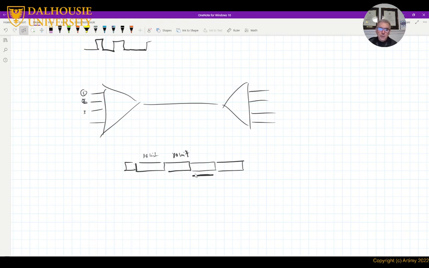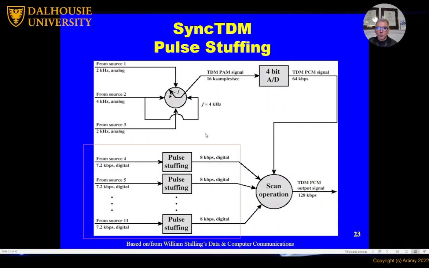In that case, we will rely on something called bit stuffing, or data stuffing, or pulse stuffing actually. The pulse stuffing comes from the idea that we're converting from analog to digital. The idea is simple.